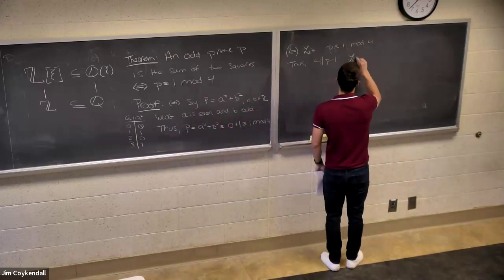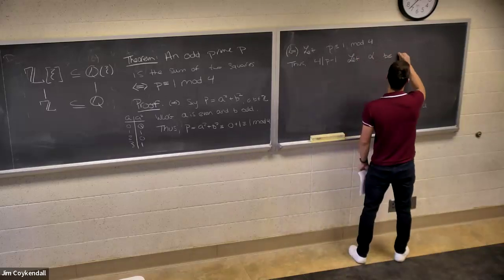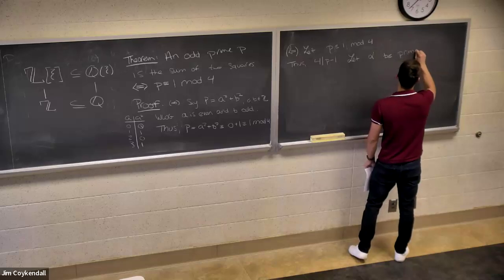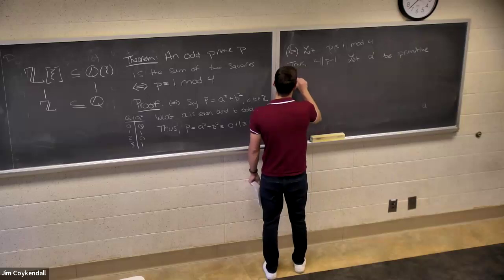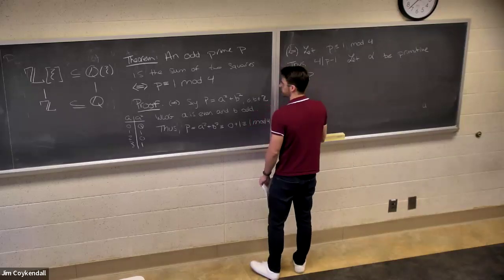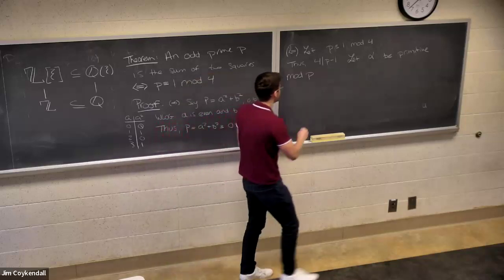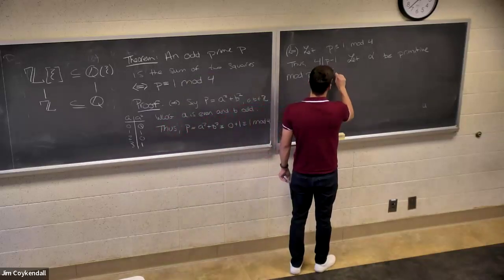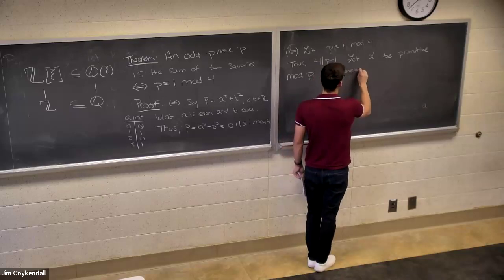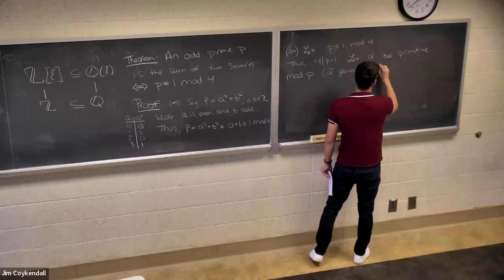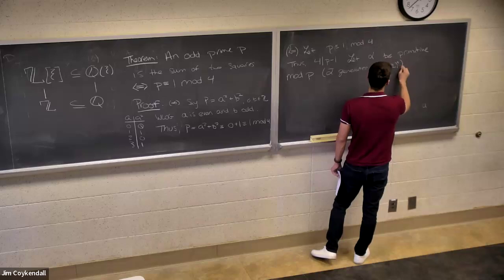Now I'm going to let alpha be primitive mod p. Do you guys know what I mean when I say primitive mod p in this setting for an integer? What I simply mean is that alpha bar generates this, so very similar to what we've been talking about.